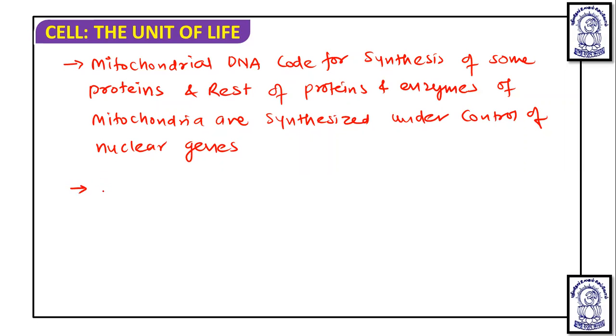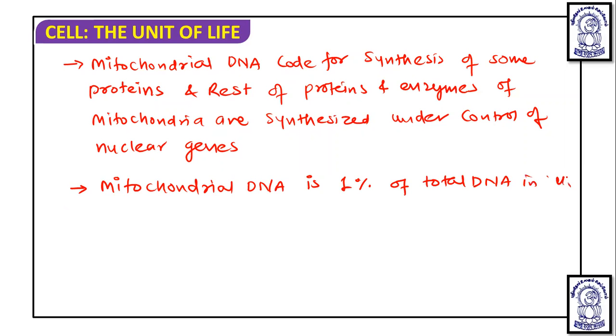Now we remember this mitochondrial DNA is 1% of total DNA in the cell, and it is rich in guanine and cytosine nitrogenous bases. We know that its function is particularly ATP production. Now, how are mitochondria produced?